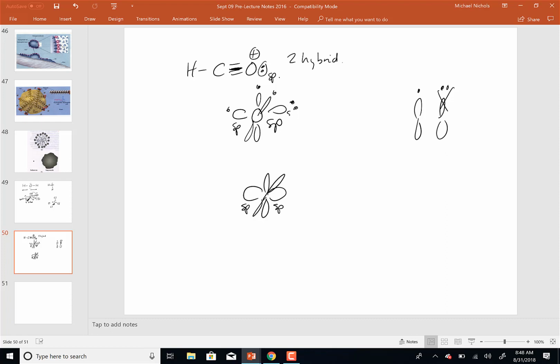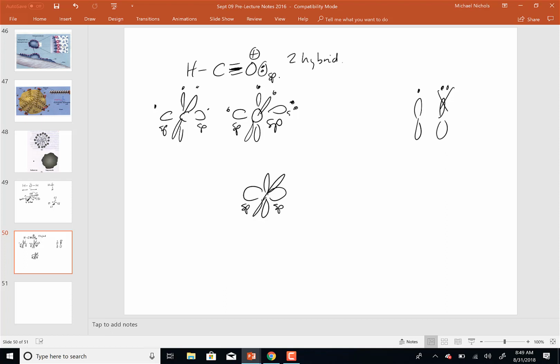And then on the other side, I'd have an sp hybridized carbon, which I might as well just draw out quickly. Here's my sp hybridized carbon with my 2 sps and my 2 unhybridized ps. That carbon has 4 electrons because it's neutral. So that means 1 electron in each of the orbitals.